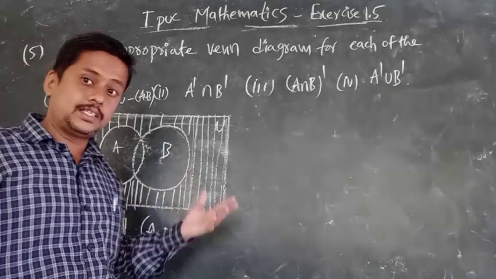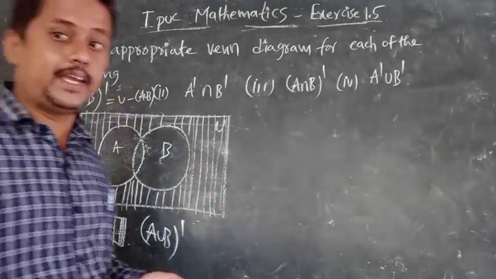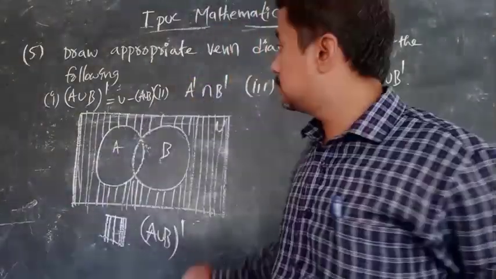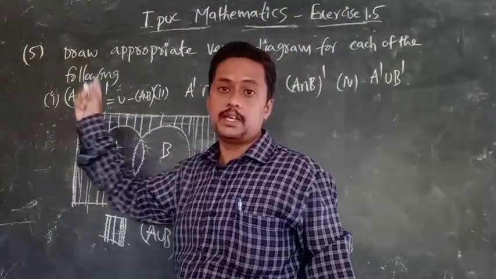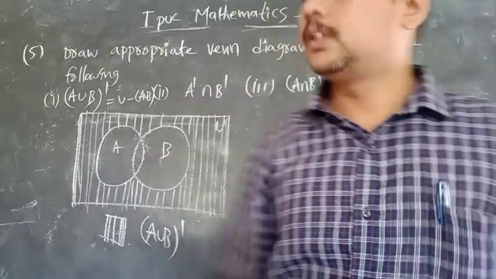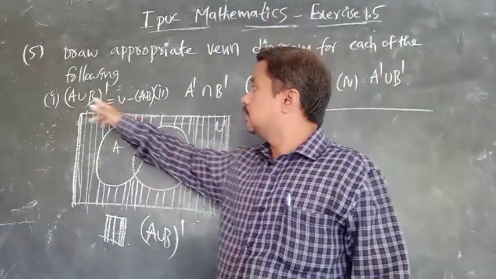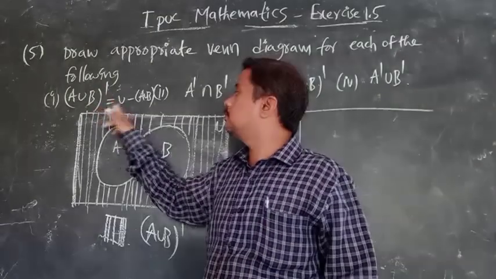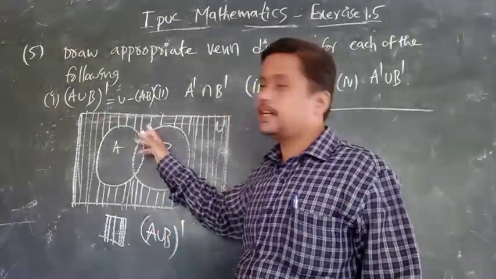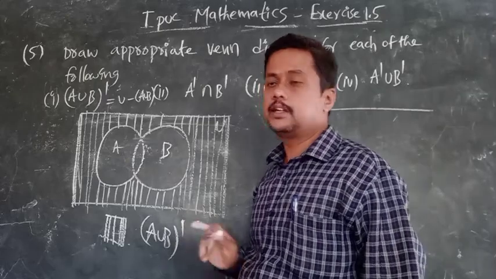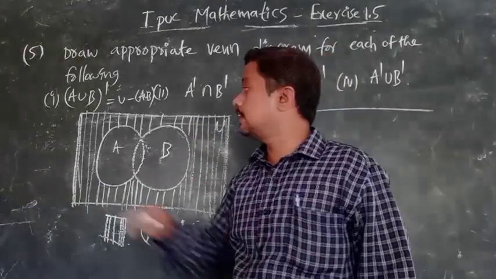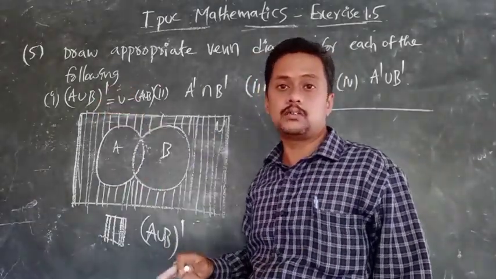So some other way you can express it: first they will write A union B, then (A union B) dash. This is a very easy technique. So (A union B) dash means U minus A union B, so we are eliminating A union B. Next, another formula: (A union B) dash equals what?